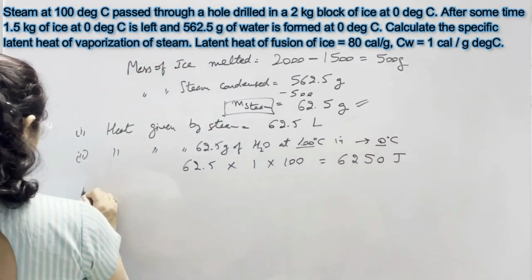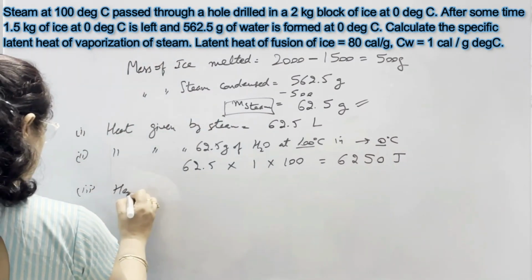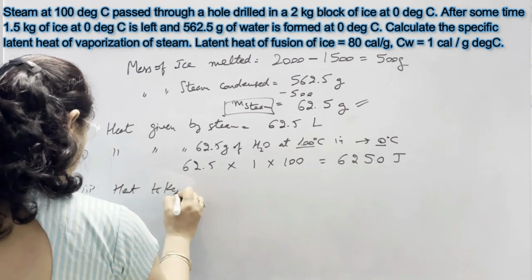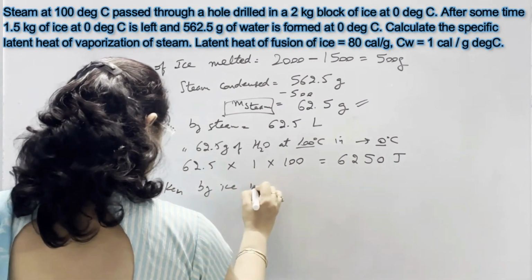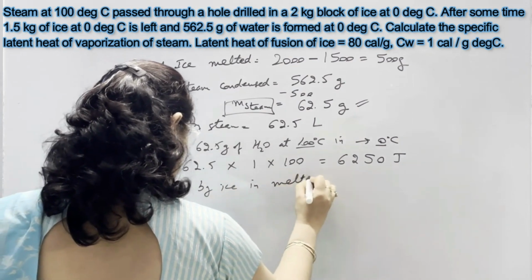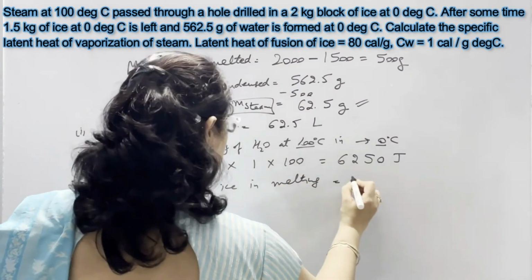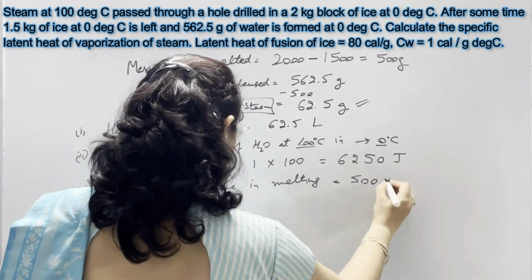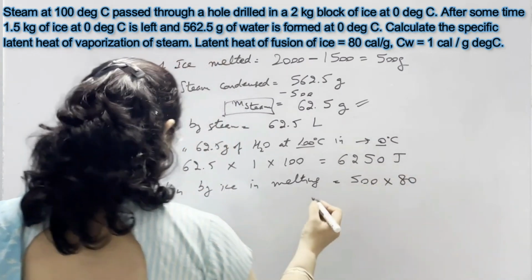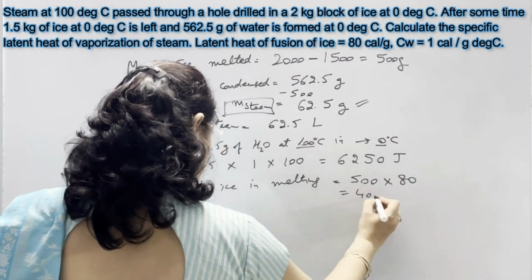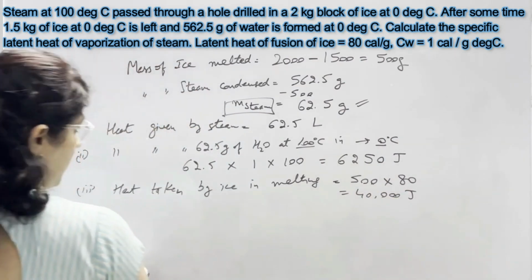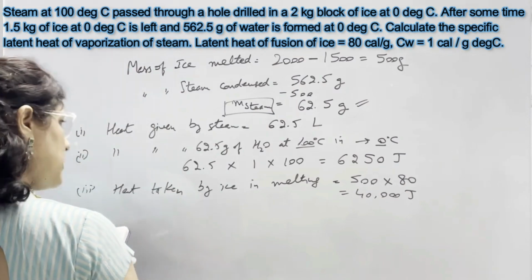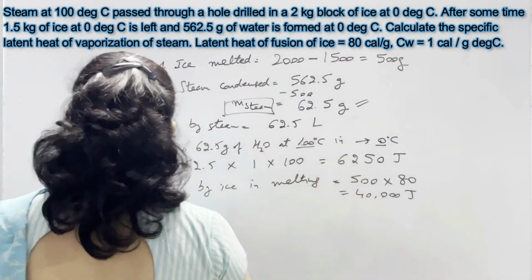Now heat taken, third part, heat taken by ice in melting is equal to 500 is the mass given and value of L is 80. So it means 40,000 joule. 40,000 joule is the heat taken by ice in melting at 0 degrees Celsius to 0 degrees Celsius.